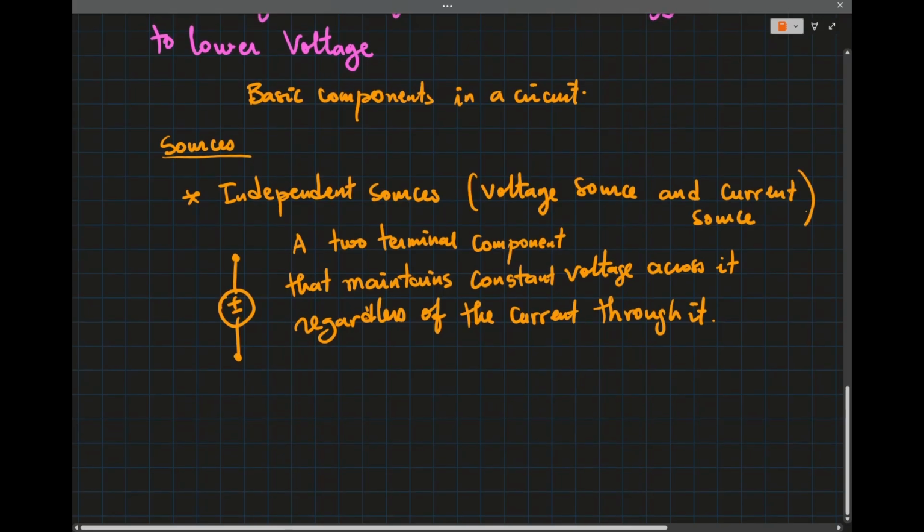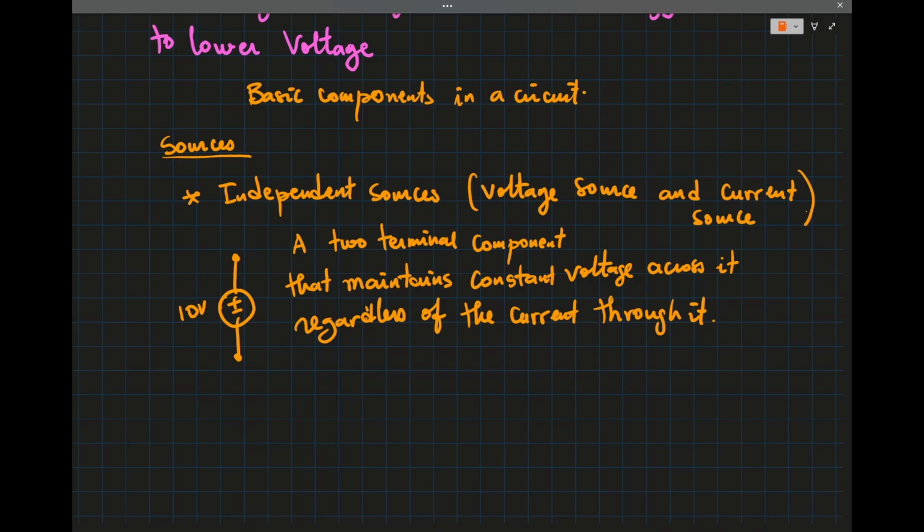Okay, so if this is 10 volt, the value between A and B, the voltage VAB, which is VA minus VB, is always going to be 10. That's the potential difference between those 2 points.